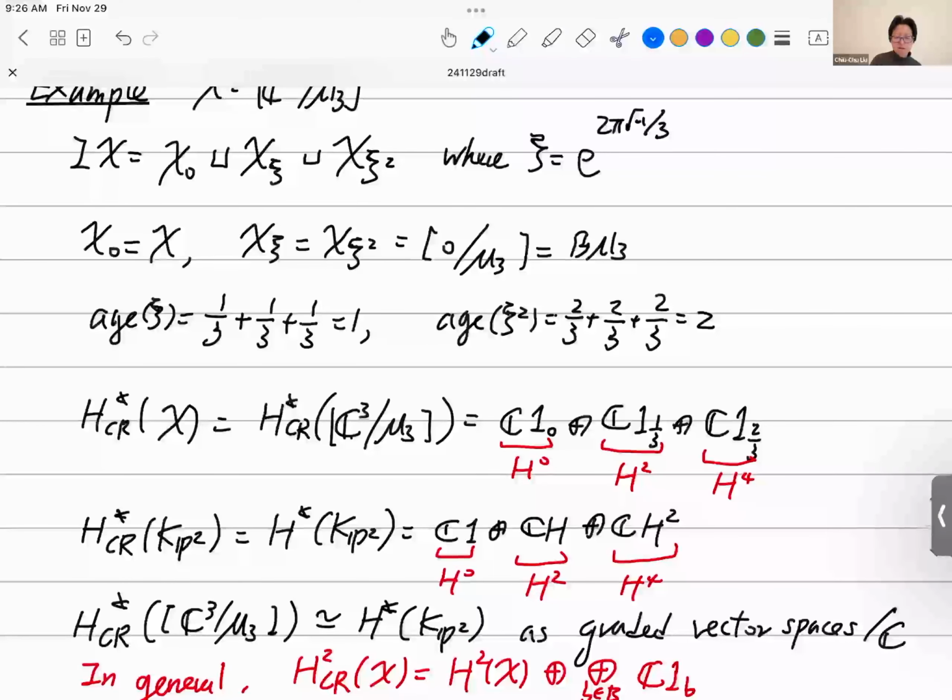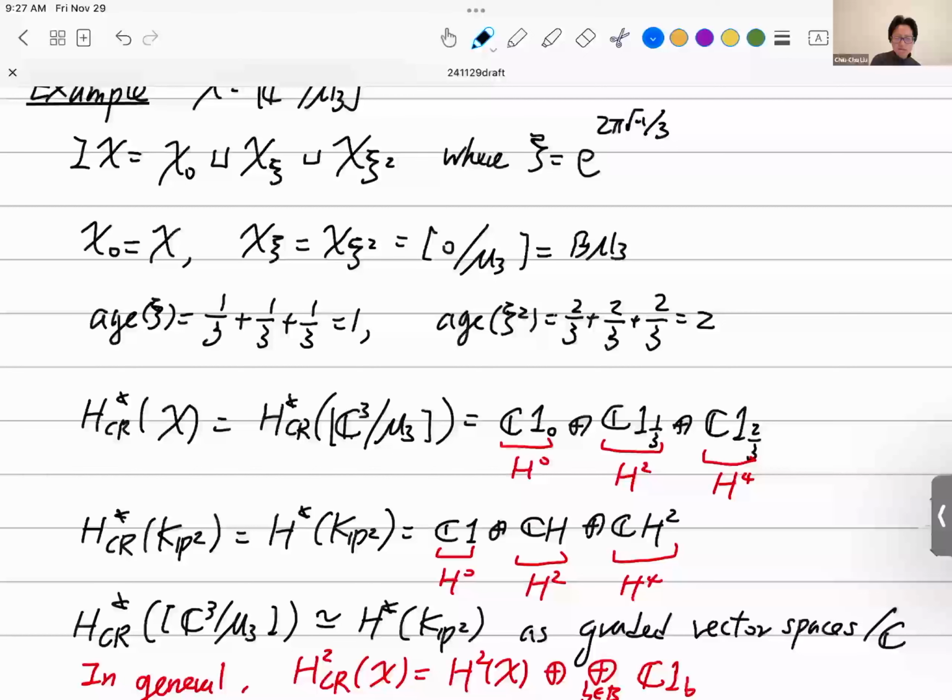Also we know that if we consider the quotient of C3 by mu3, we can resolve it by blowing up the origin, and we get the toric crepant resolution, K_P2. K_P2 is smooth, so the cohomology is the same as that of K_P2, and K_P2 is a deformation retract to its zero section, so it's the same as the cohomology of P2.